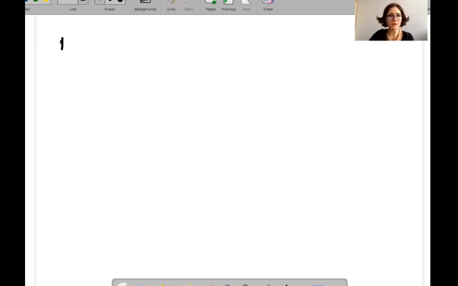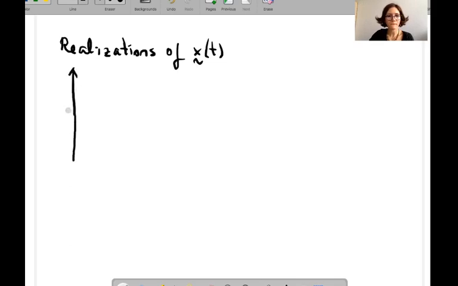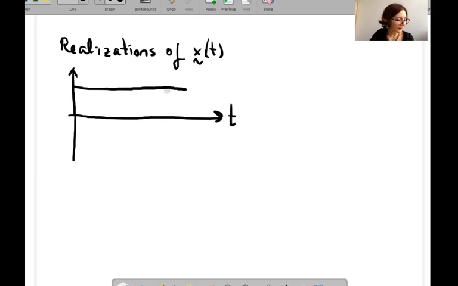Maybe let's first just visualize what our random process looks like. So let's draw some realizations of x of t.